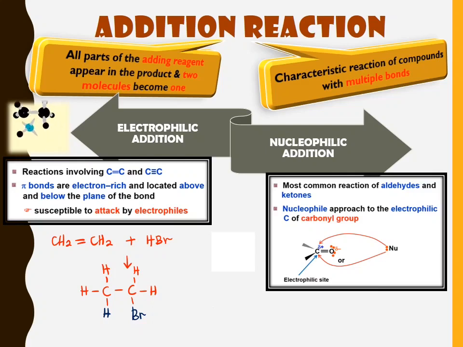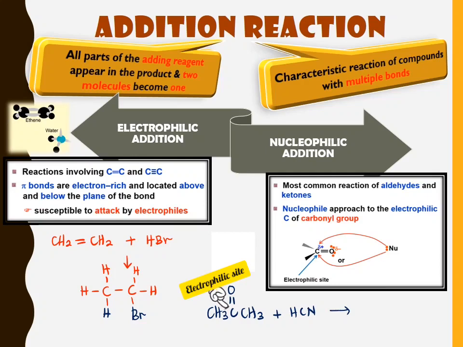For example, here we have ketone CH3 C double bond O CH3 reacting with HCN. We know that carbon is the electrophilic site. So what happened here? HCN will break into H plus and CN minus. CN minus will attach to the electrophilic site because CN minus is a nucleophile.